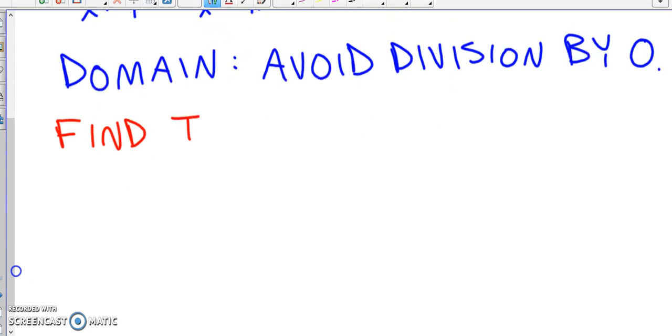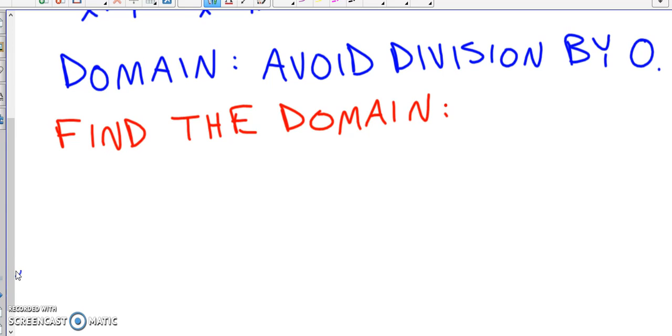Find the domain. All right, so let's say that f of x equals 4 over x minus 2. Now, if you think about it, you're wanting to find all the x values where division by 0 would occur, and you would want to exclude those from the domain, because in reality, the domain would be all the values of x that you could plug in and have an output that would be a real number that would make sense.